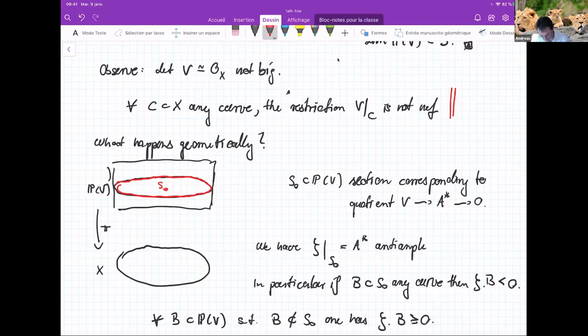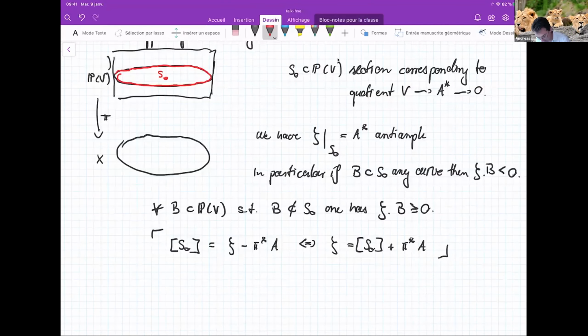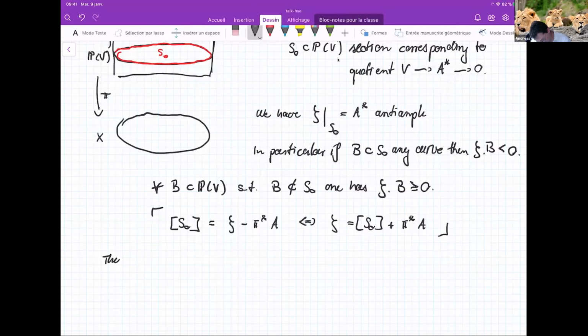Okay, so to summarize: this divisor S0, which I will call the bad divisor, explains the negativity, the strange behavior of my vector bundle.